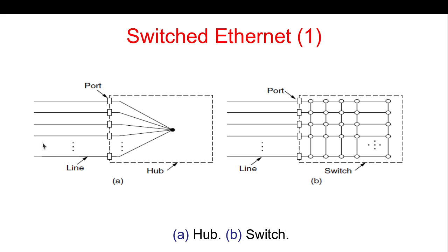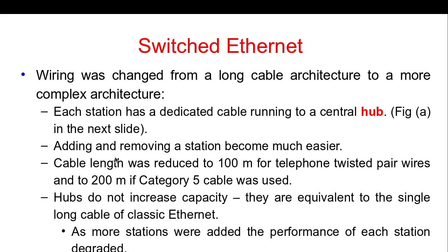For each device, there is a cable connected to the ports in the hub. This is why adding and removing a station became much easier. The cable length was reduced to 100 meters for telephone twisted pair wires, and 200 meters if Cat5 cable was used.